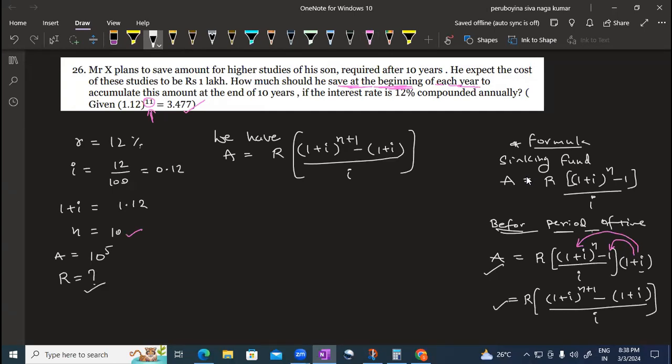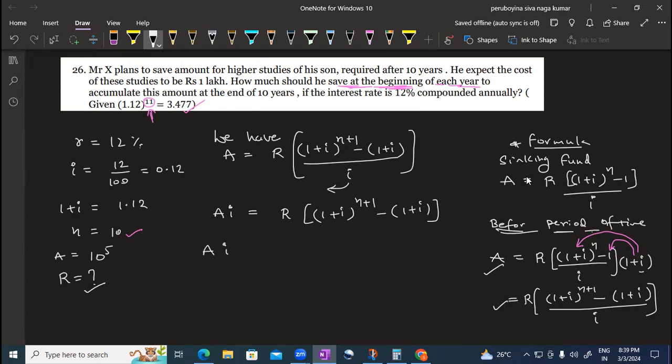Here R is the question mark, so we just move this I to the right side. So AI is equal to R of 1 plus I whole power n plus 1 minus of 1 plus I. Later we will give the numbers. Let me rearrange the terms.